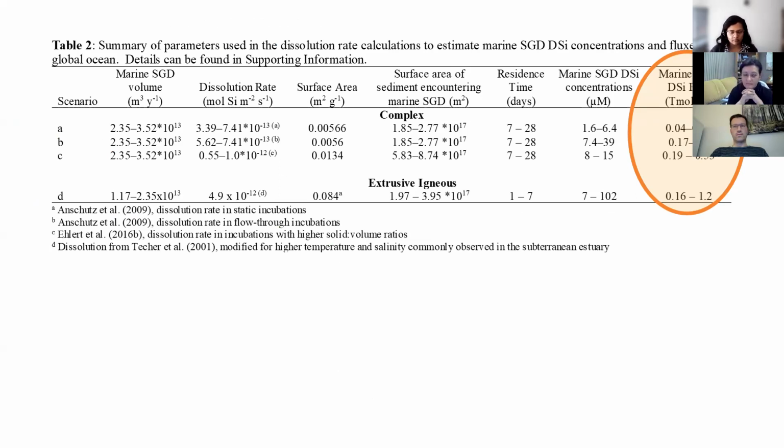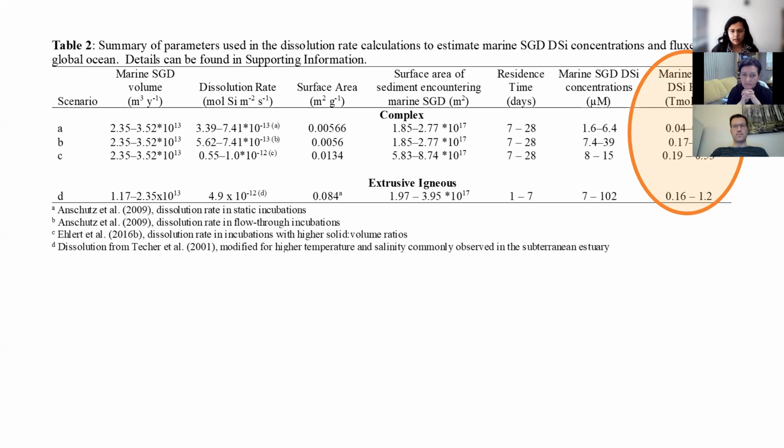The residence time changed from 1 to 7 or 7 to 28. And the marine SGD inputs on a global scale, the rates that we got, range from about 0.04 to 1.2. So again, I don't think that's bad. We were trying to be very conservative with what we were estimating.